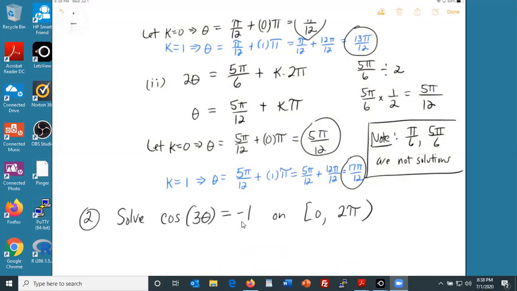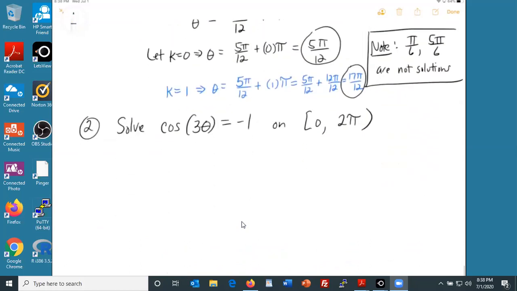Okay, so our last problem here, let's solve the very similar equation. The cosine of 3 theta is equal to -1 on the interval from 0 to 2 pi. In this equation, the trig term is isolated already.